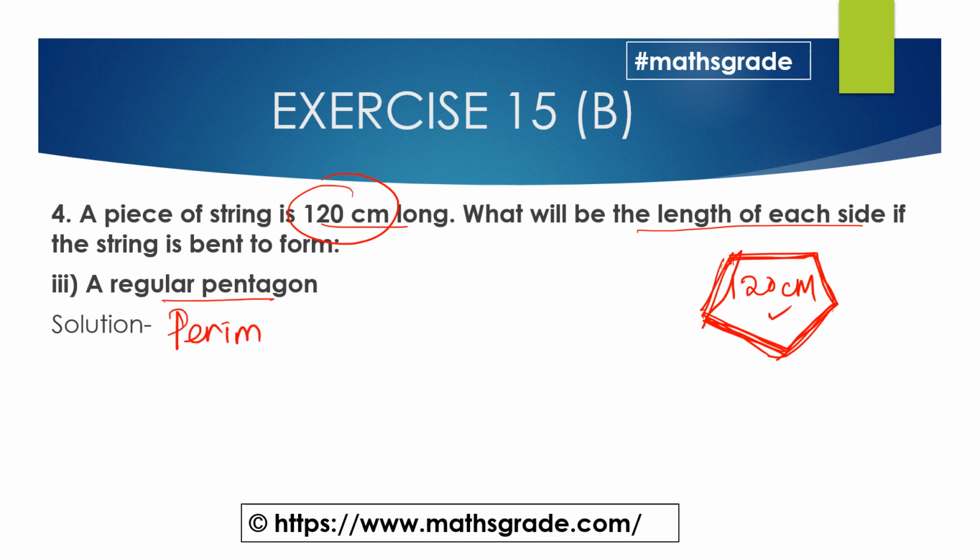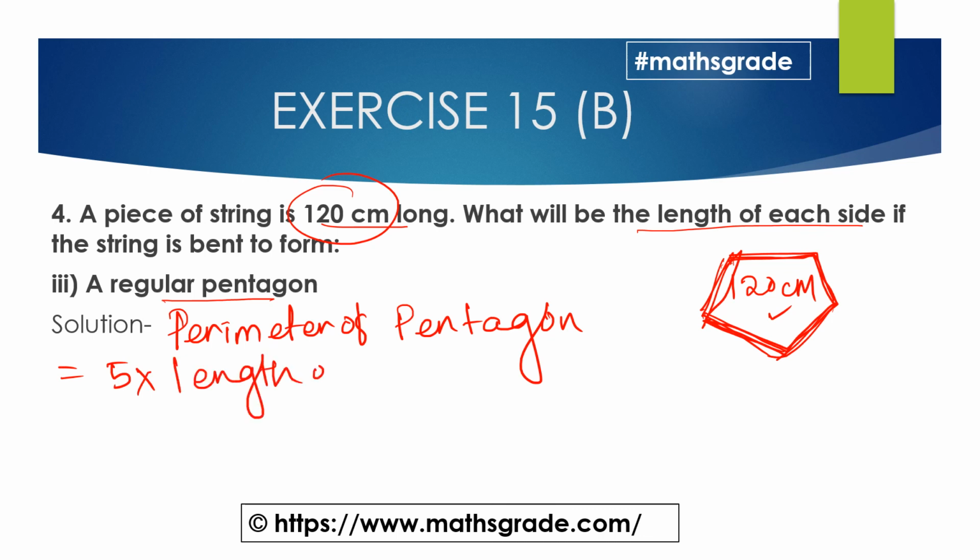We have to find the length of each side of the regular pentagon, that is the length of each side of the string. So the perimeter of the pentagon will be 5 multiplied with the length of one side, which is equal to the perimeter, 120 centimeter.